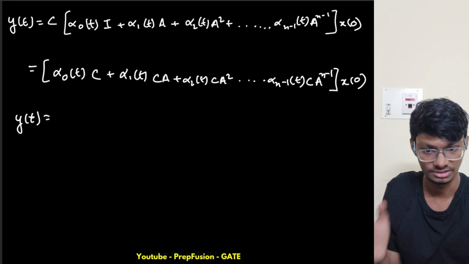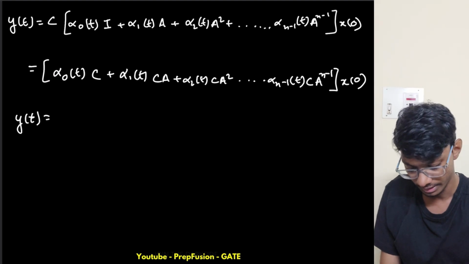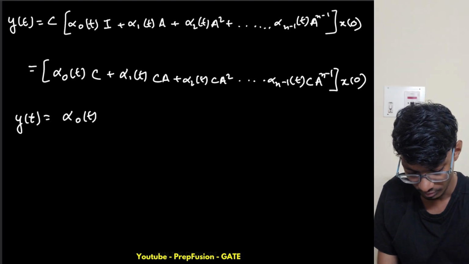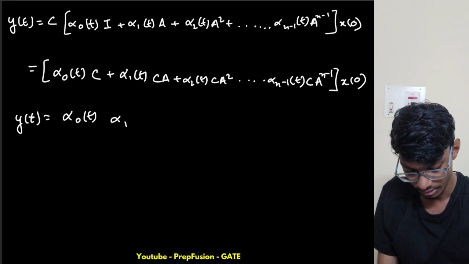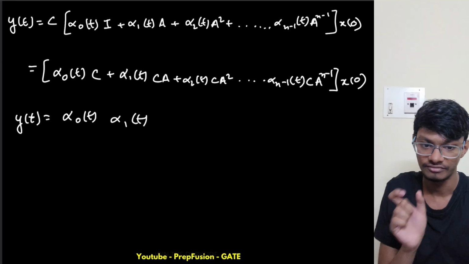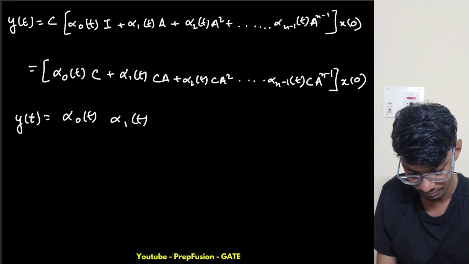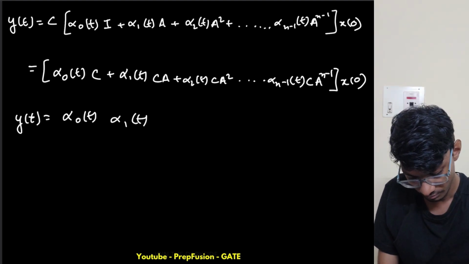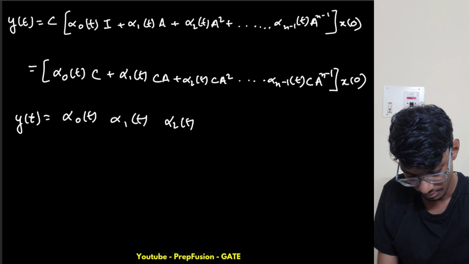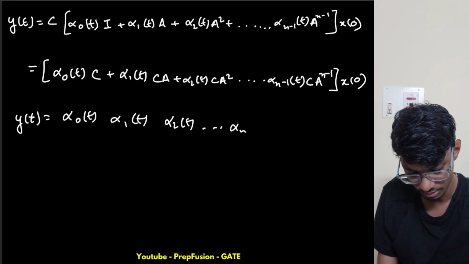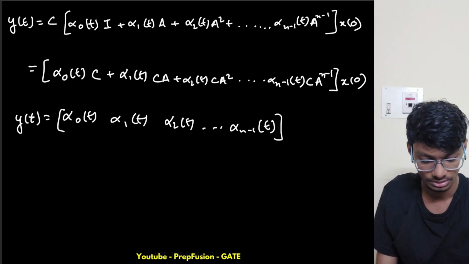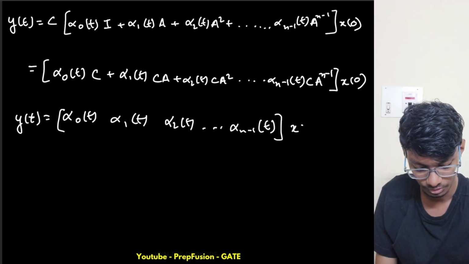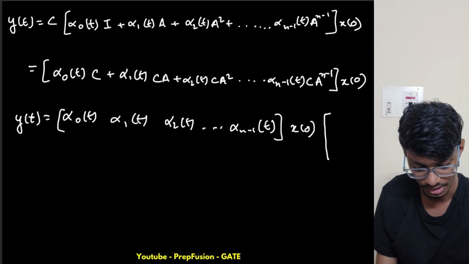I can write this matrix as alpha 0 of t, alpha 1 of t, alpha 2 of t, going on until alpha n minus 1 of t, and I simply put this x of 0 here and write the C matrix at the end.